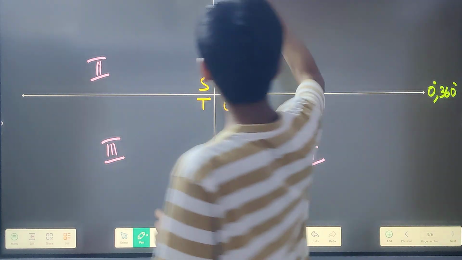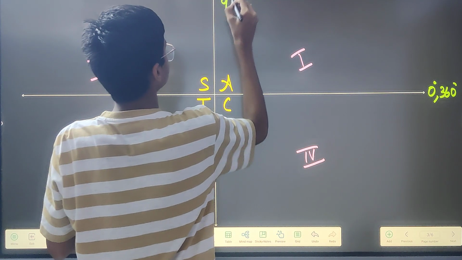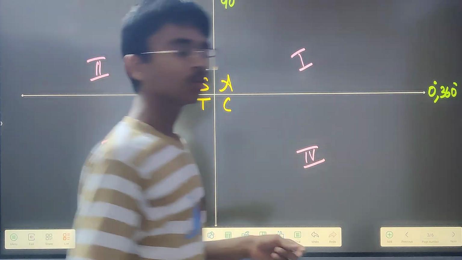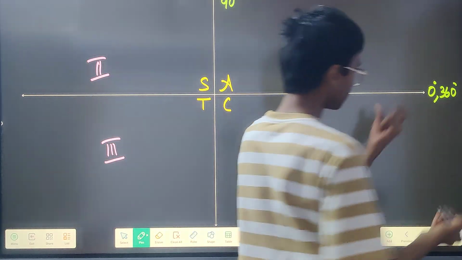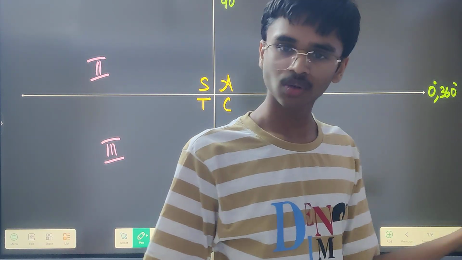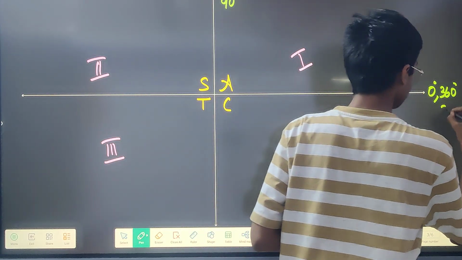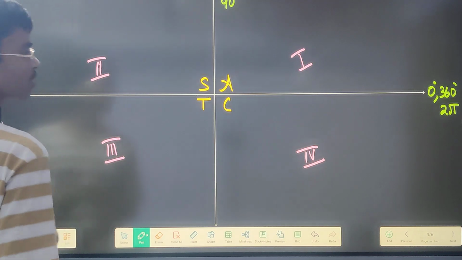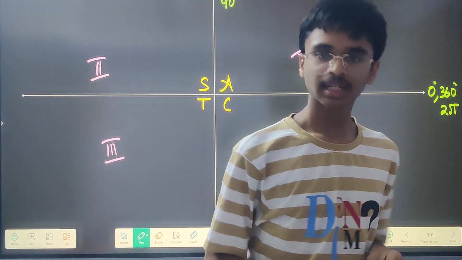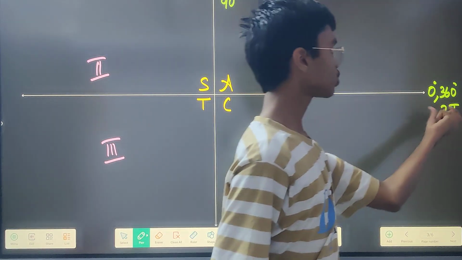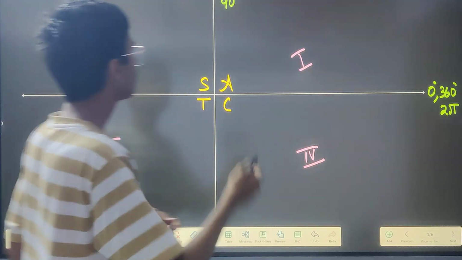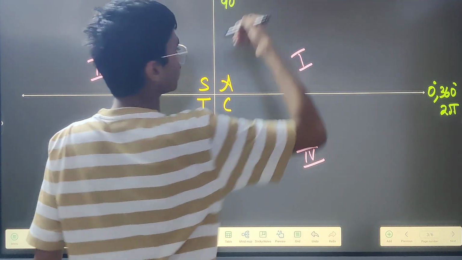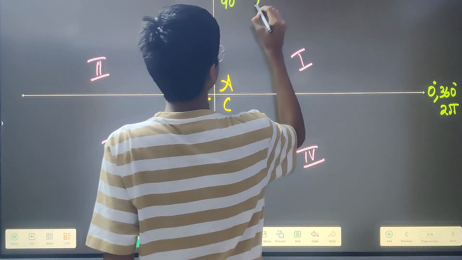In terms of pi, 0 degrees is represented as 0 only, and 360 can be represented as 2 pi. Since 0 and 360 are the same, you can also write 2 pi for 0. Here it is 90 degrees, which in terms of pi will be pi by 2.